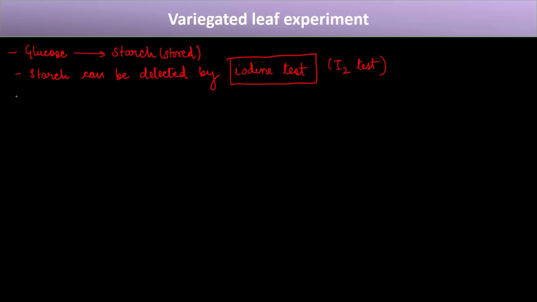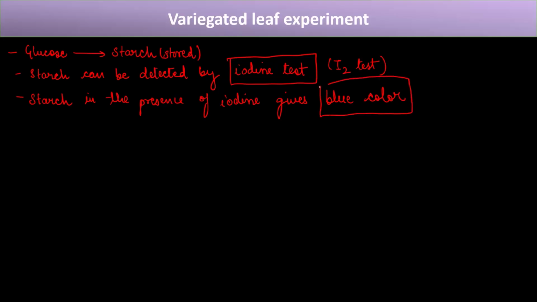Starch in the presence of iodine gives a blue color. Even in the potato, there is a large amount of starch. So if you cut the potato and add a few drops of iodine over it, you will find this blue color. So starch in the presence of iodine gives the blue color.